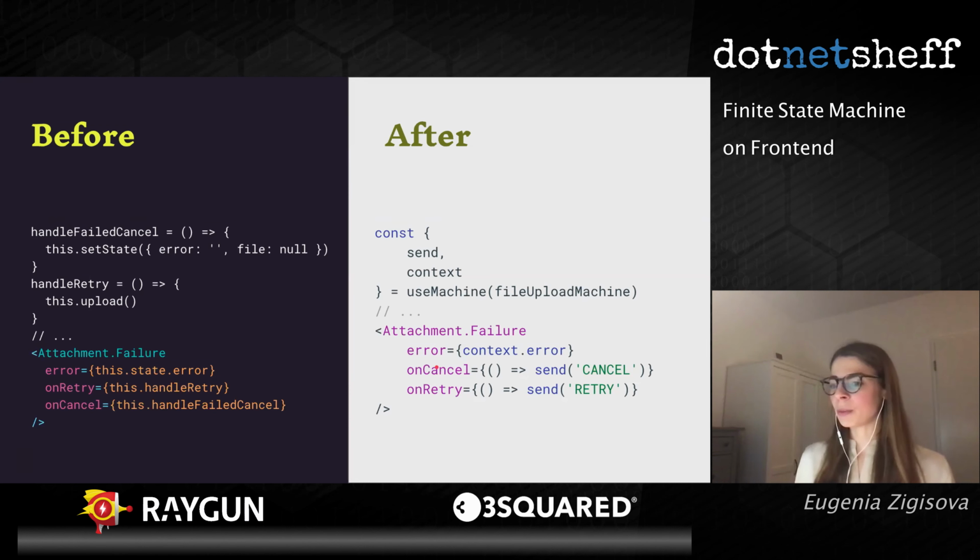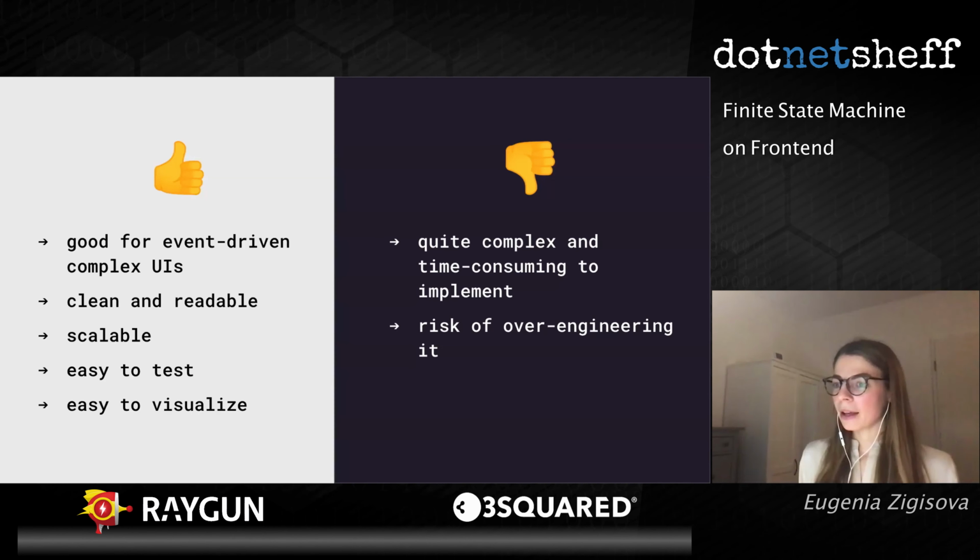And also we moved all the states from the UI component to the state machine, and now we access the error message, for example, from the state machine context. So to sum up, this is a really good approach for event-driven and complex UIs.